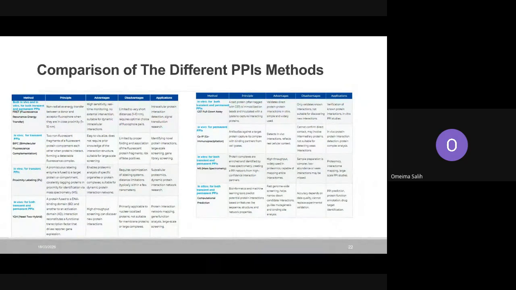So at this step, you don't need to know the workflow, but you need to know the principle and its application, and its advantage and disadvantage. And the most important, is it an in vivo process or in vitro process, or is it an in silico process?